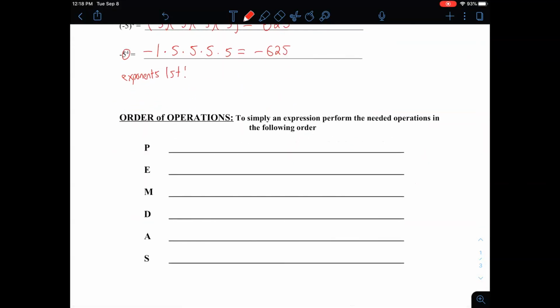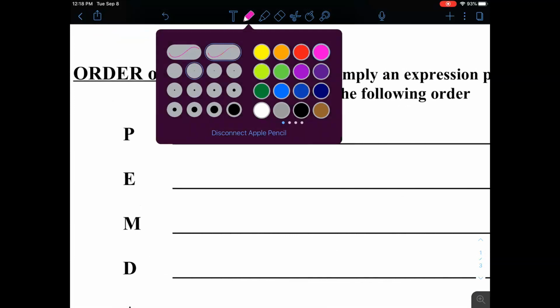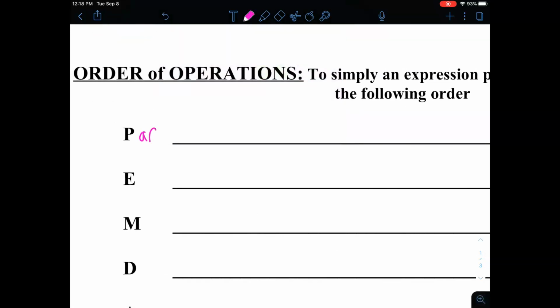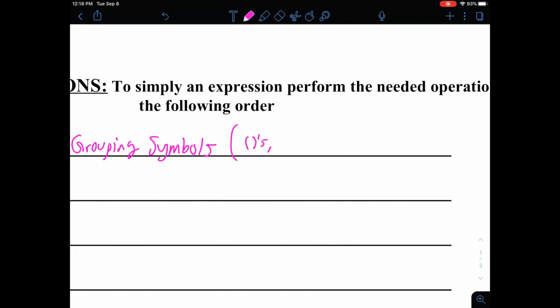Okay? Order of operations. See if you can fill in these blanks without me telling you what they are. PEMDAS. All right. P stands for what? Parentheses, or grouping symbols. And what are some examples of grouping symbols? We got parentheses.